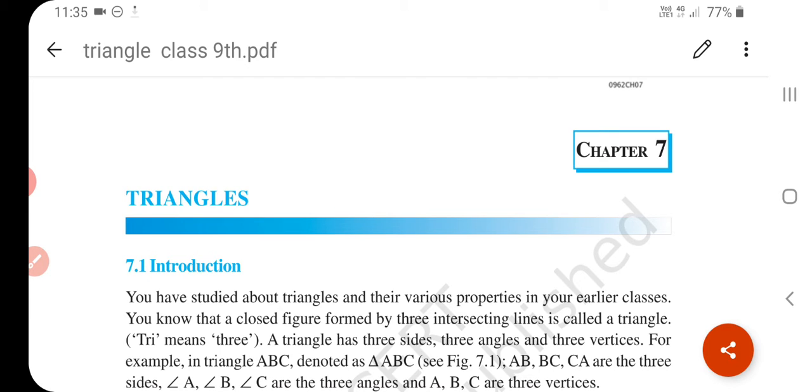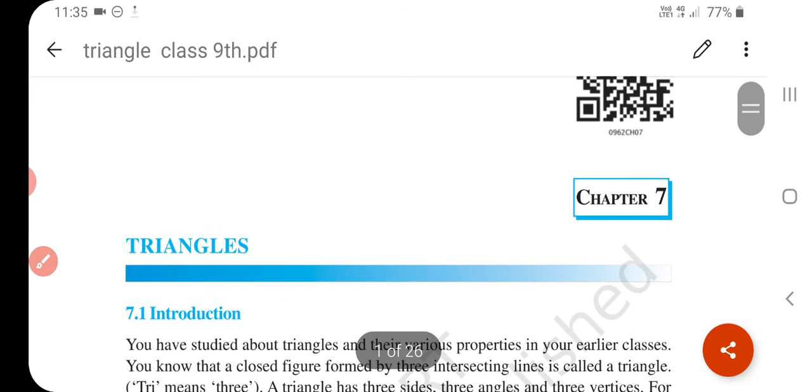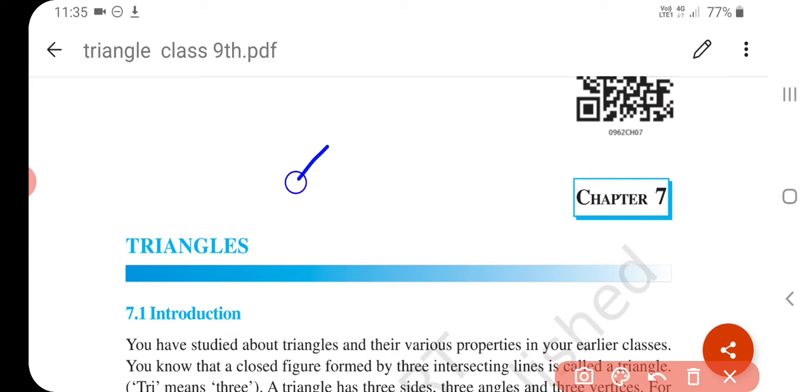We know that a plane figure closed by three intersecting lines is called a triangle. Here tri means three. A triangle has three sides, three angles and three vertices, and it is denoted by this symbol.